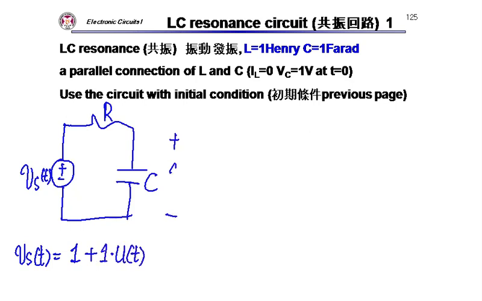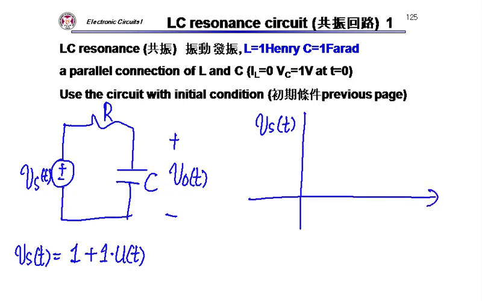In this case, what's my V_O(t)? So my V_S(t) waveform was 1 volt, and then changes to 2 volts at t equals 0, right? What's the V_O(t) in this case?